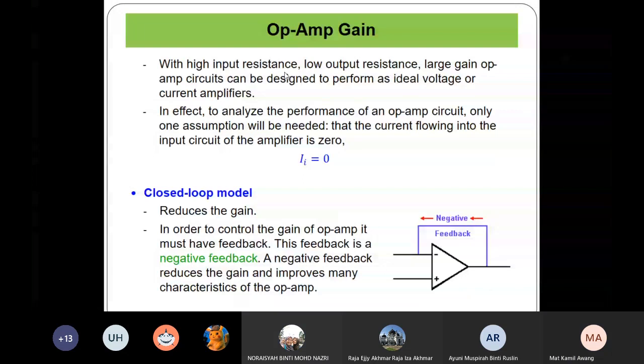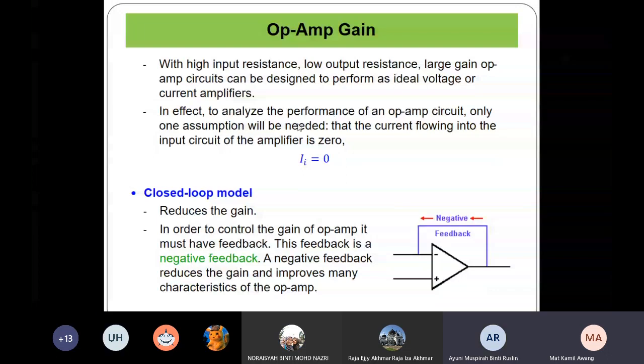V over R, right? Ohm's law. So when resistance is high, therefore the current is approaching zero. Because this op-amp has a high input resistance, therefore the current is approaching zero.